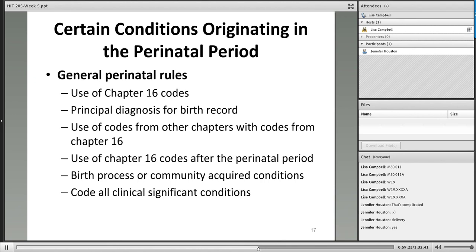Because the baby doesn't give birth, the baby is born. So on the baby's record, the principal diagnosis is from category Z38, which is live-born infants, which are divided based upon the place of birth and the type of delivery.